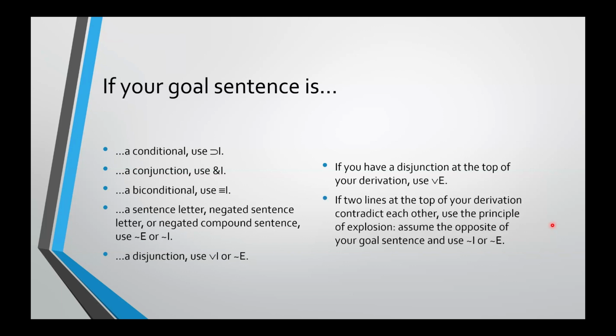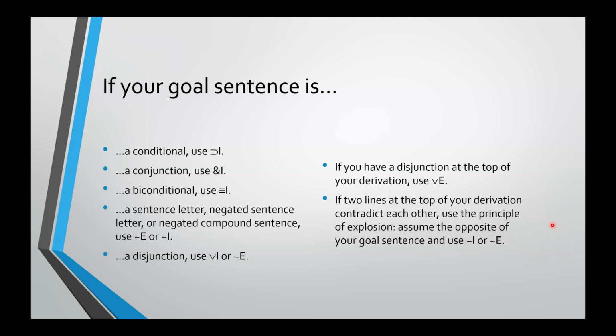And if at any time you have two lines at the top of your derivation that contradict each other, where one of them is the negation of the other one, then use the principle of explosion. Just assume the opposite of your goal sentence for negation introduction or negation elimination, reiterate those two lines into that, and that's how you're going to get your goal sentence.